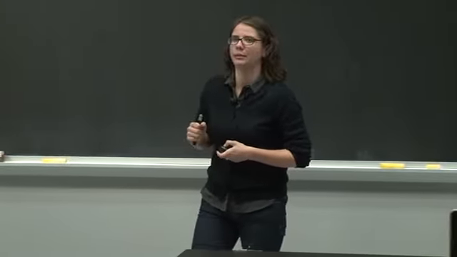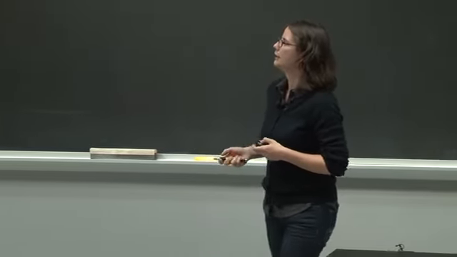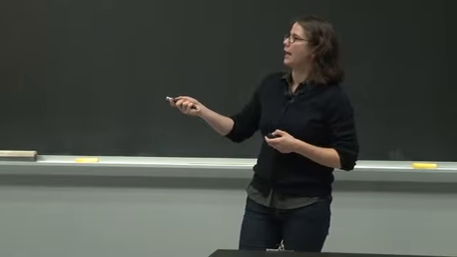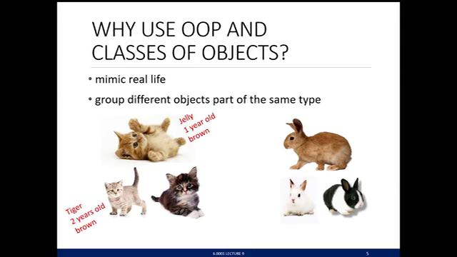So using object-oriented programming, each one of these is considered a different object. And as a different object, I can decide that a cat is going to have a name, an age, and maybe a color associated with it. And each one of these three rabbits on the right is also an object, and I'm going to decide that I'm going to represent a rabbit by just an age and a color.